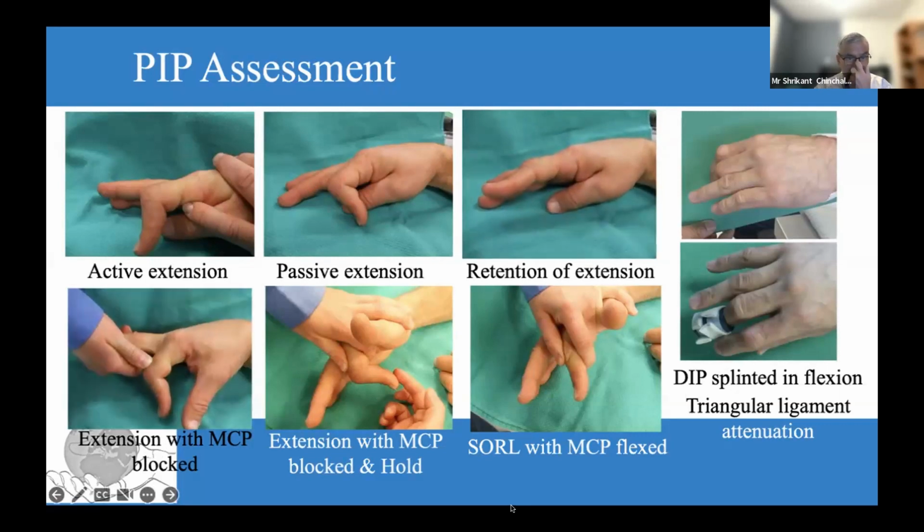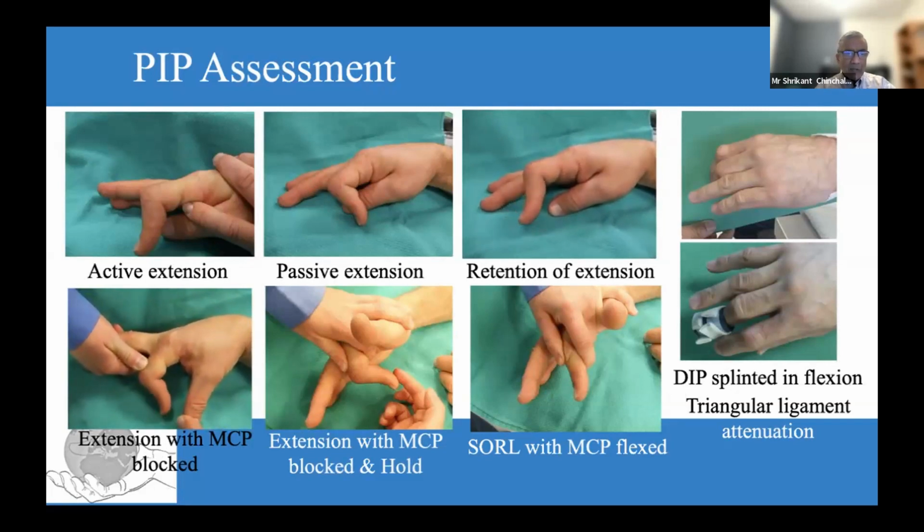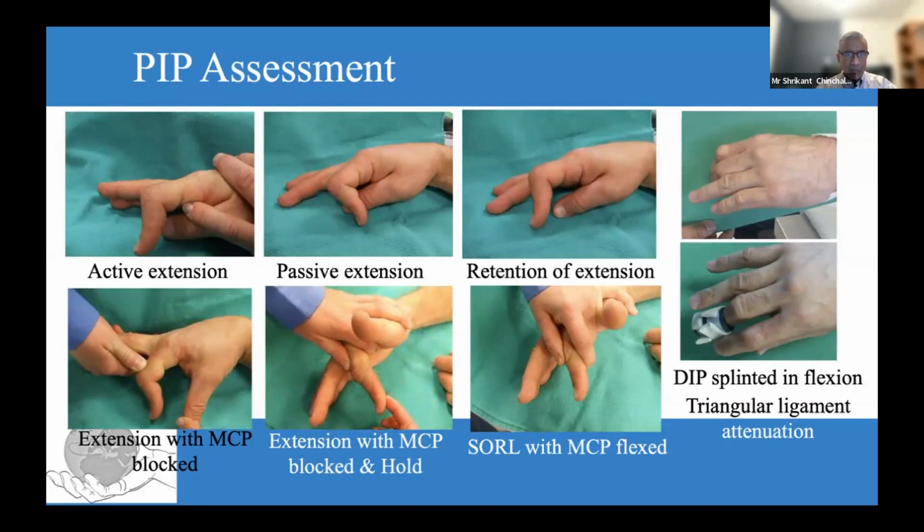Another test that I perform is by flexing the MCP joint. I want to see whether a person is able to extend the PIP joint at all or not. You can very well see that by placing the MCP joint in flexion, PIP joint extension doesn't improve at all. Now another test I'll do is place the MCP joint in flexion, passively extend the PIP joint, and ask the person to maintain.